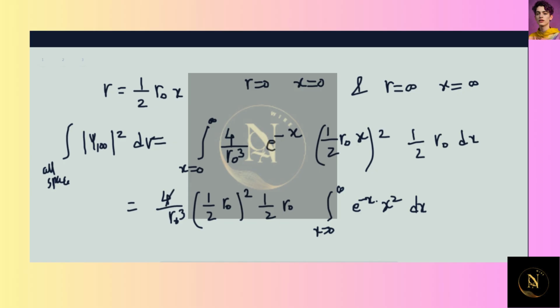Now this 4 cancels with 2 square, and let me elaborate everything. We have r naught square from this square over r naught cube.